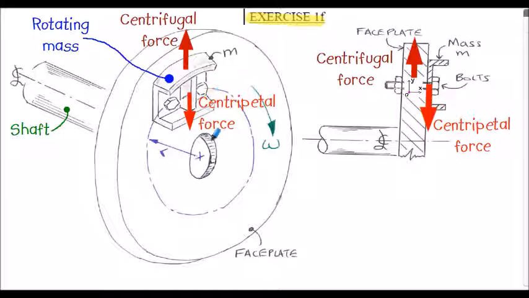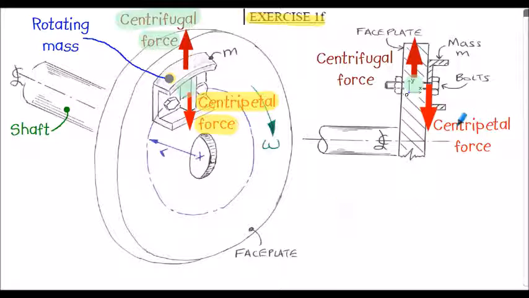We know for the rotating mass, or the casting in this case, to move in a circular motion, we have to have a centripetal force applied, an inward seeking force. If we're assuming body fixed axes here on the casting, then we can have the inertial effect and thus the centrifugal force, which is equal and opposite to the centripetal force.